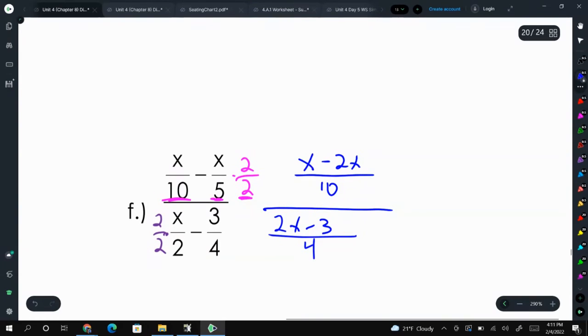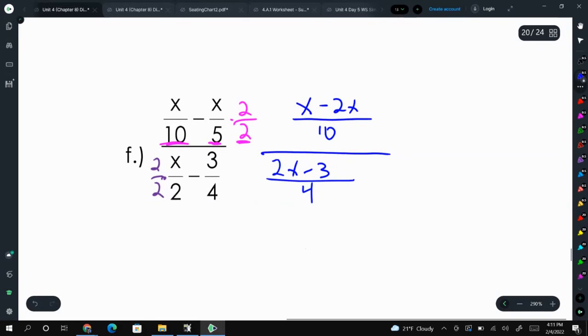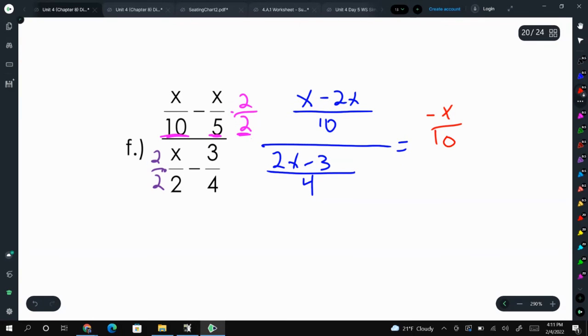All right, now I can rewrite this as x minus 2x is negative x over 10 times 4 over 2x minus 3.